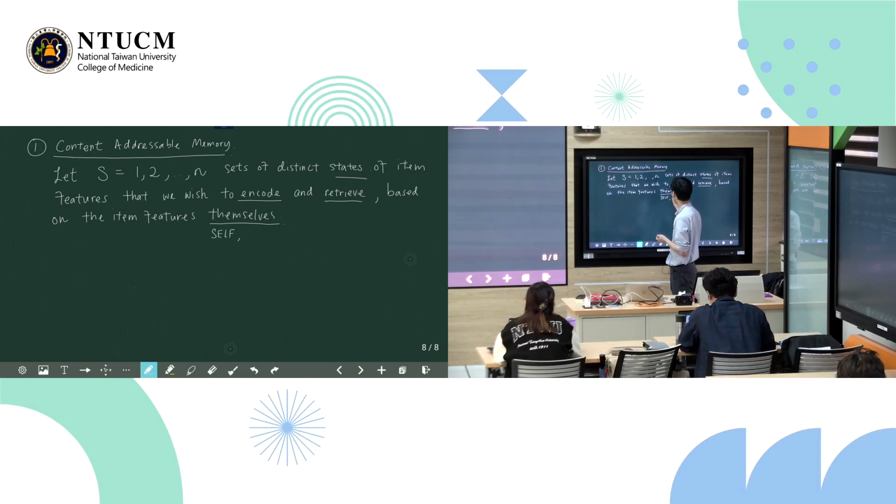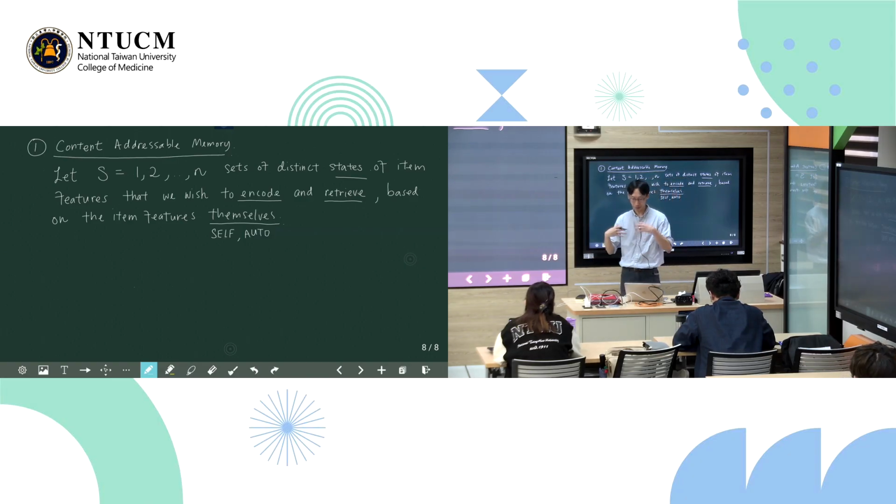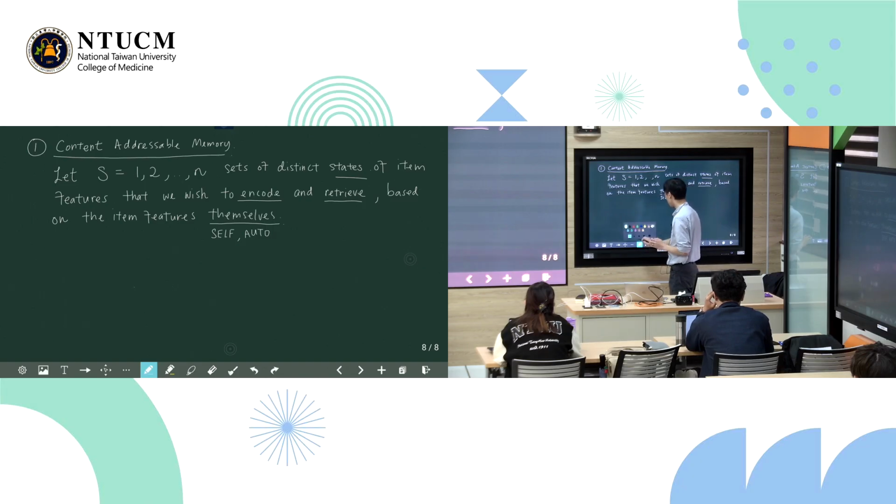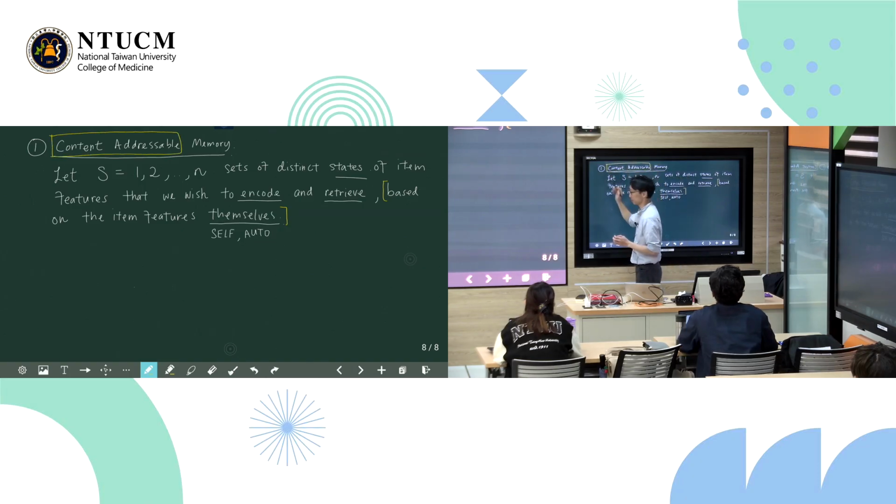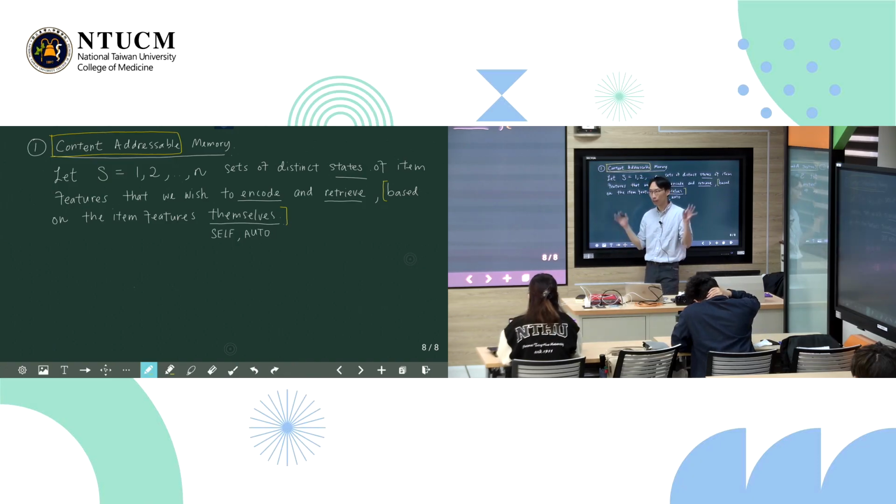And I'll note here the self is the notion of auto, myself. And why this part? Okay, why this part here? Is because this is the notion of content addressable. That you are your memory, as I said right from the beginning. That if you did not have memory, you are not you. And that you are you because of your memory.